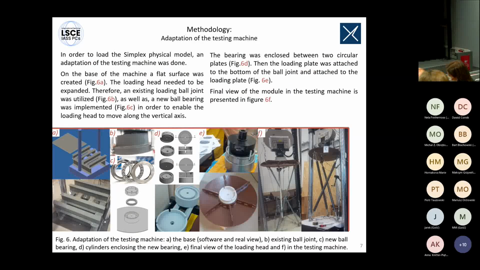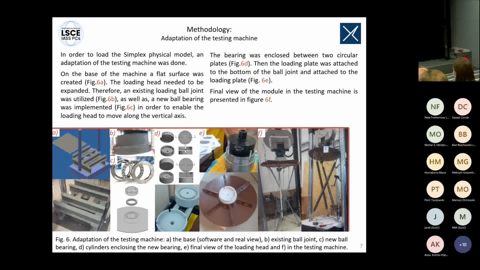Of course, in order to fit that kind of module into the machine, we had to work on a loading head. This is the loading head which has a ball bearing, and the machine was equipped with it.